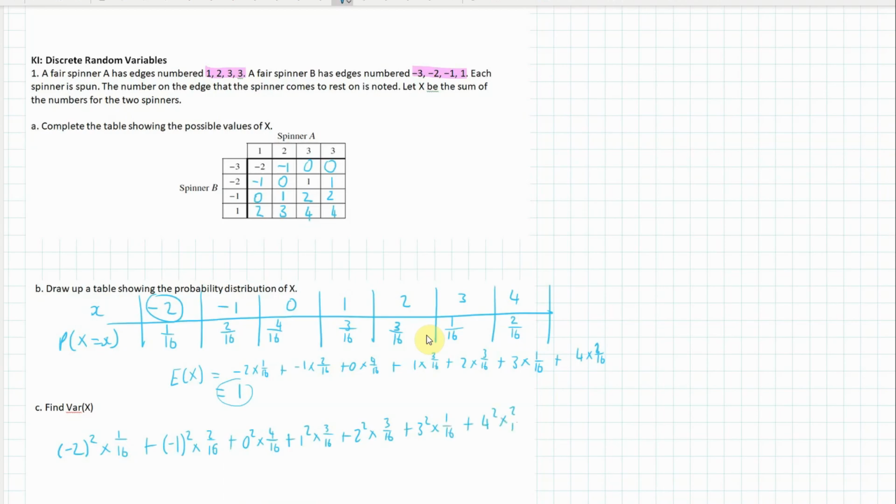Squared times 2/16, and then we're going to take away 1 squared. So that's how we work out var x, and this gives us 23 over 8.